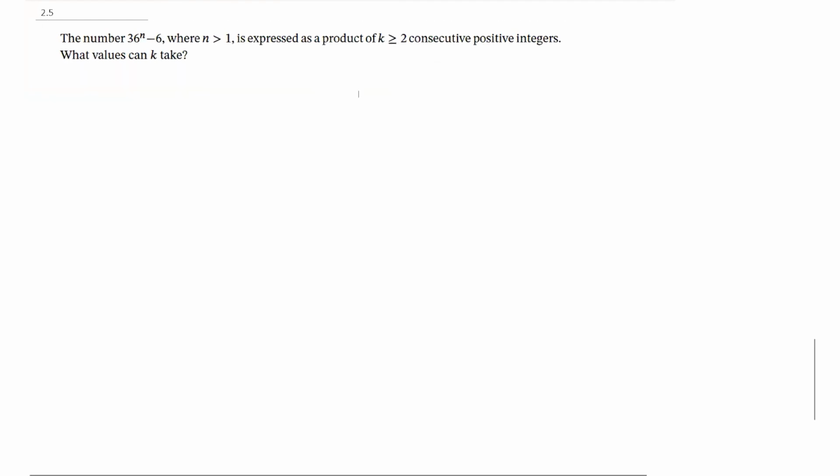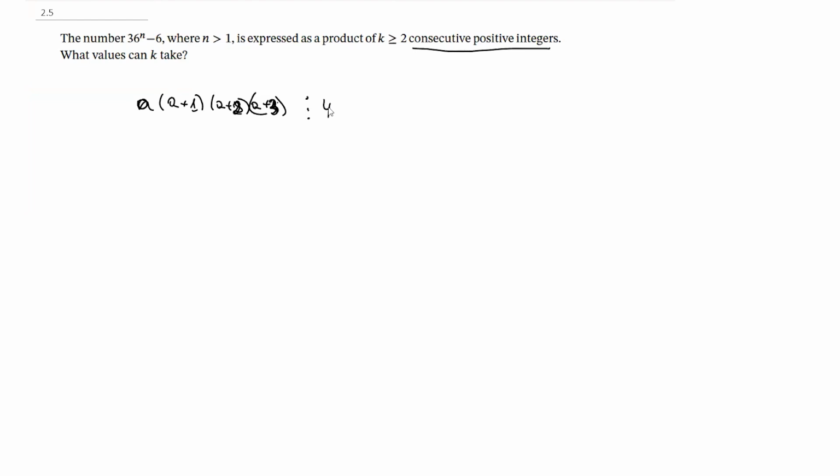Okay, what kind of observations can we make here? The first observation is the following: if we consider the product of consecutive numbers, for example, of 4 consecutive numbers, a, a plus 1, a plus 2, a plus 3, then this number will be divisible by 4.